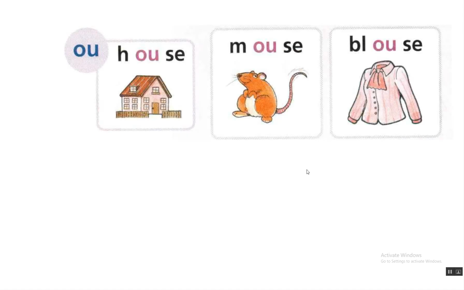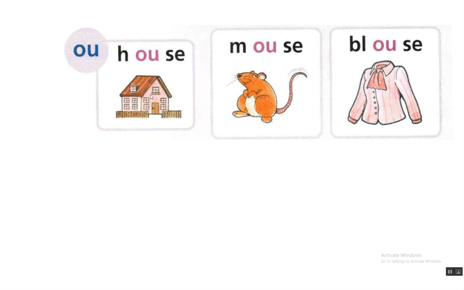This time we're looking at OU. Ow, house, mouse, blouse. Bl, ow, s, blouse. M, ow, s, mouse.